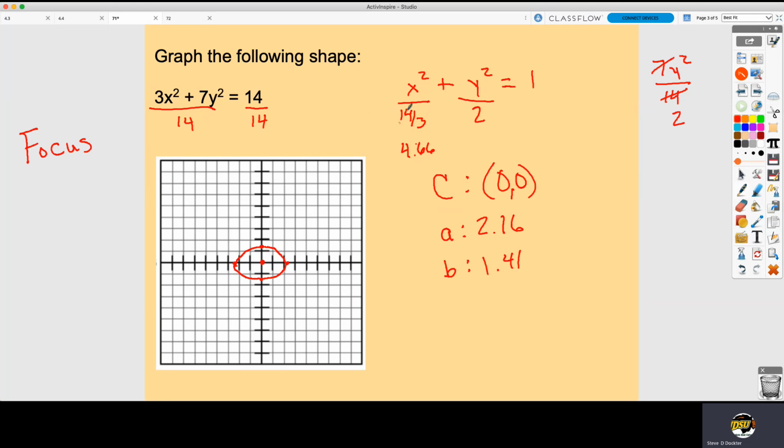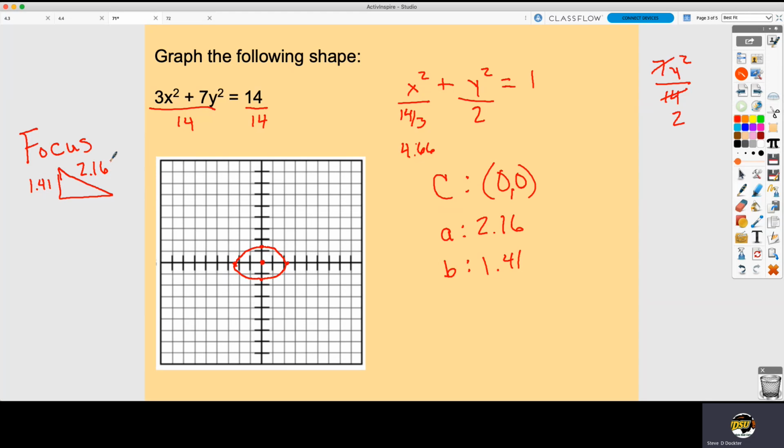Now, our A value is bigger than our B value, so we're going to have another triangle just like the last one. Our B value is our height, so 1.41. Our A value ends up being equal to the hypotenuse in this triangle.